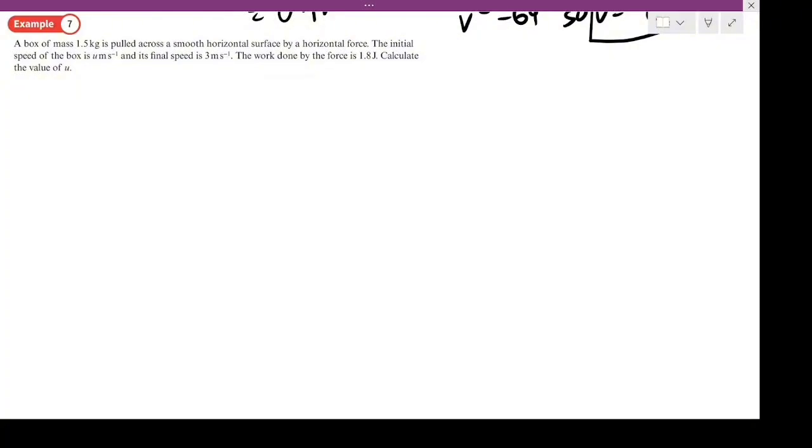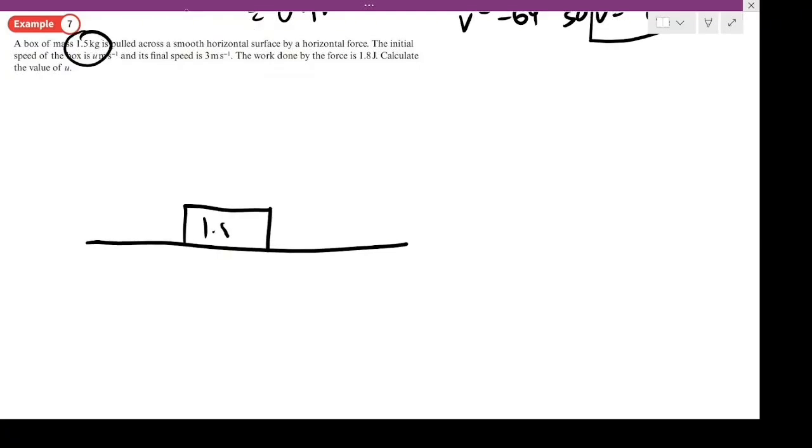Again, if we draw the situation, we're on a smooth horizontal surface, like a table. We draw our box, just a little rectangle. The mass is 1.5, add that on.